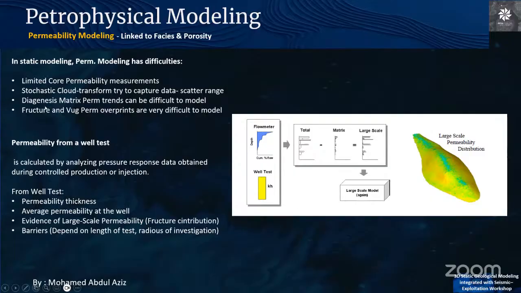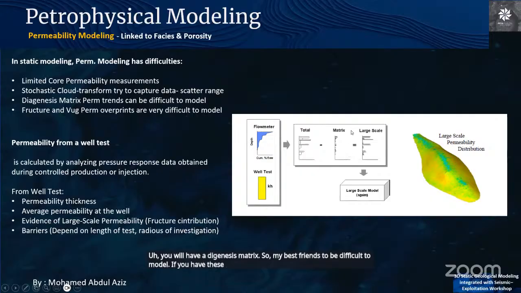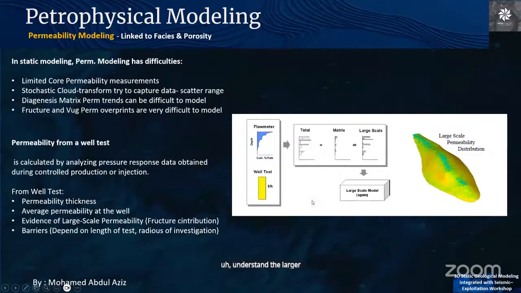You will have a diagenesis matrix, so permeability tends to be difficult to model. If you have this diagenesis matrix, you need to remove the effect of the matrix in order to understand the larger scale, which is the fracture contribution to the permeability.